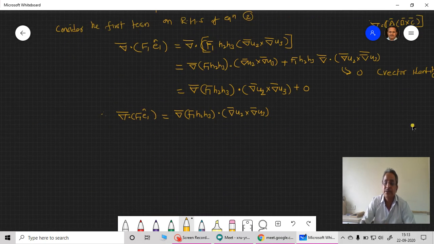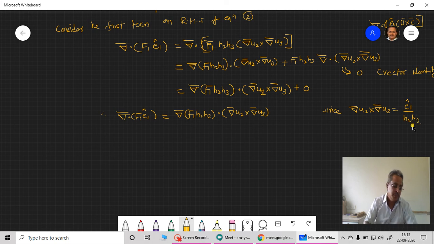So replace it there, that gives me grad of, in the bracket, f1 h2 h3 dot of this multiplied by e1 cap upon h2 h3. Call this to be some equation.